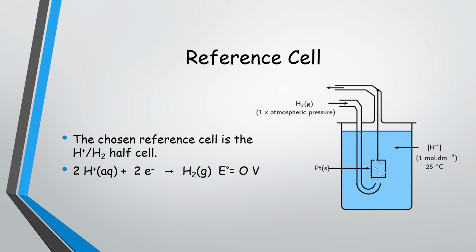Because it's a reference cell, we have decided that the E0 value for this reference cell has been arbitrarily given 0 volts. So it's 0 exactly. Every other half cell has been coupled to the reference cell in order to get the E0 value.